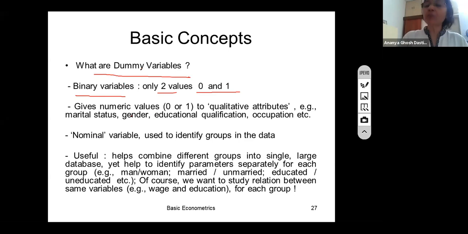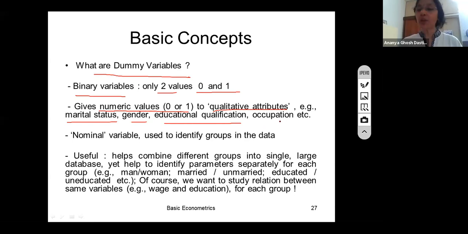Now, these dummy variables give numeric values 0 or 1 to certain qualitative attributes, such as marital status. So 1 if married, 0 unmarried. Gender, 1 male, 0 female. Educational qualification, 1 if MA, 0 if less than MA.